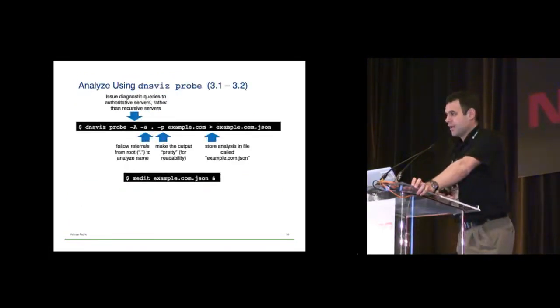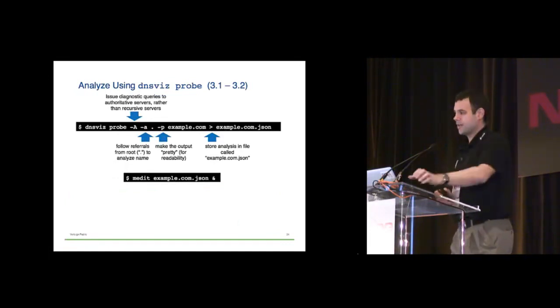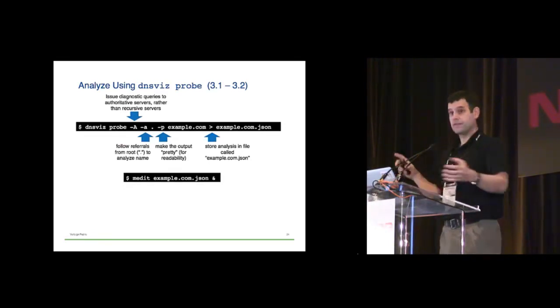All right, so let's try it out. Exercises 3.1 through 3.2. We're still using that same terminal window. Go ahead and run exercises 3.1 and 3.2, which will now take DNSViz probe and try it out. We're going to run a probe of example.com.